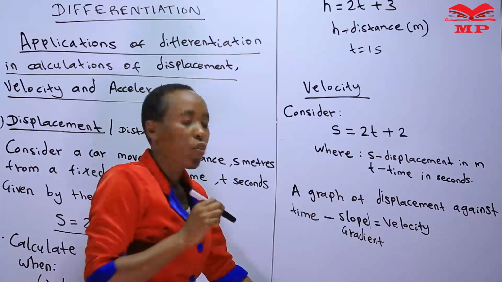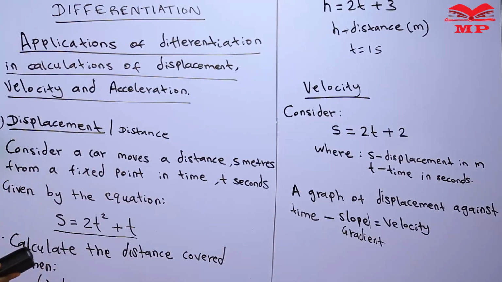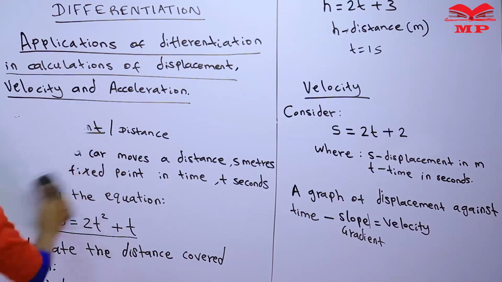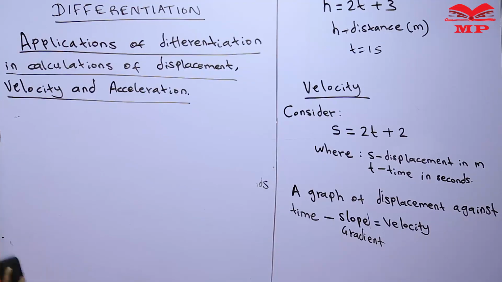We first want to confirm that and see which other way we can use to calculate velocity by differentiation. So we simply move ahead and plot that graph.